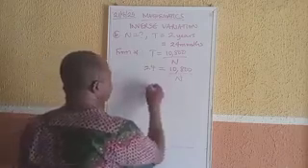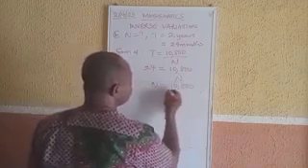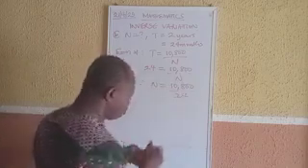I know you know how to do that. N will be equal to 10,800 over 24.